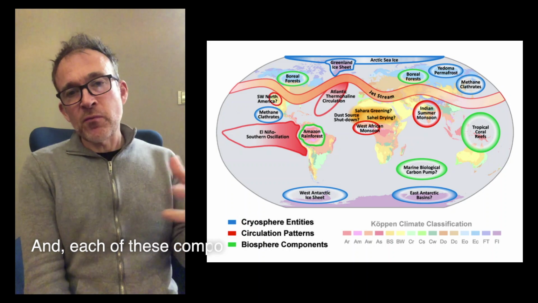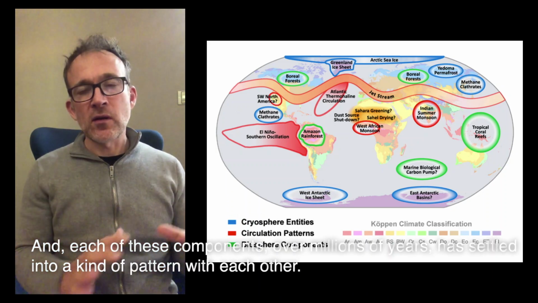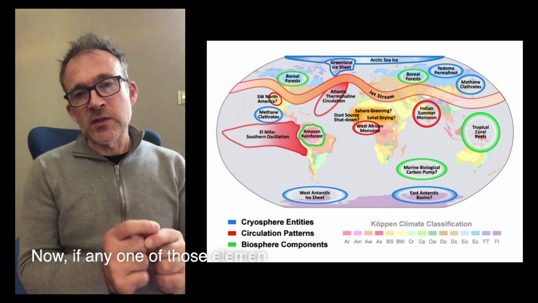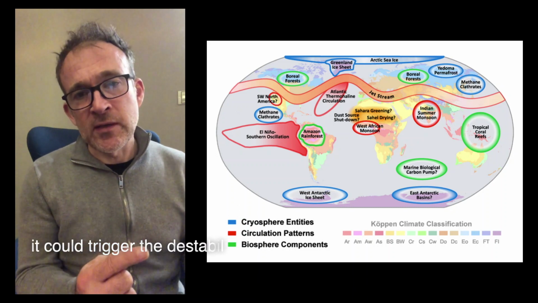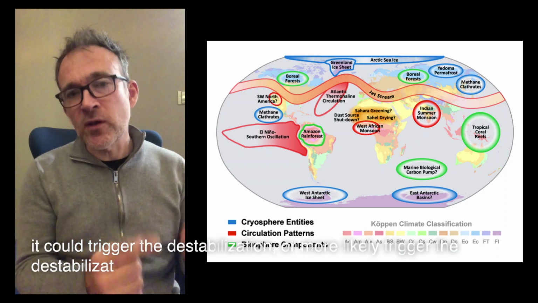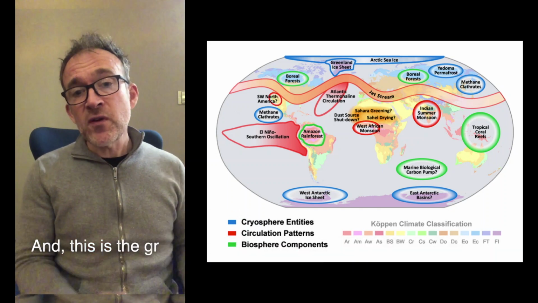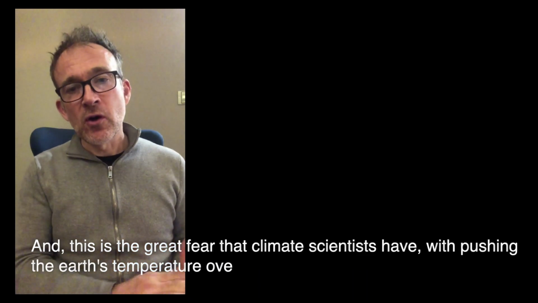And each of these components over millions of years has settled into a kind of pattern with each other. Now, if any one of those elements destabilizes, it will likely trigger the destabilization of many other elements. And this is the great fear that climate scientists have with pushing the Earth's temperature over 2 degrees.